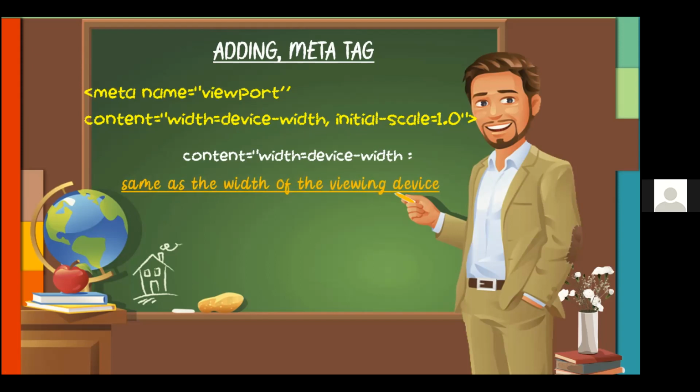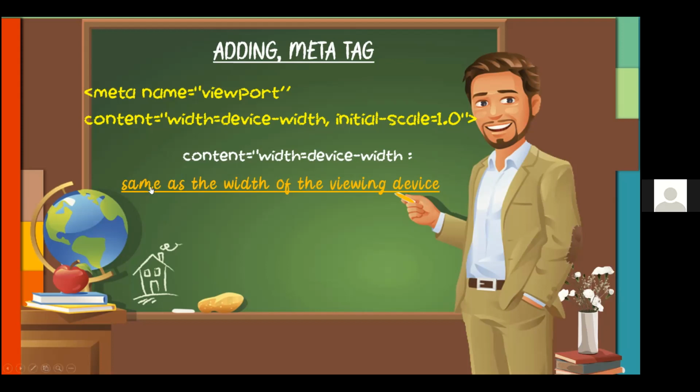You can see the content width, device width. This content is telling us that it should make the width of the website the same as the width of the viewing device. It will resize the width of the website to adapt to different viewing devices like mobiles, tablets, desktops, and more.